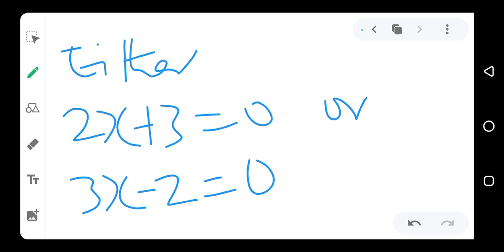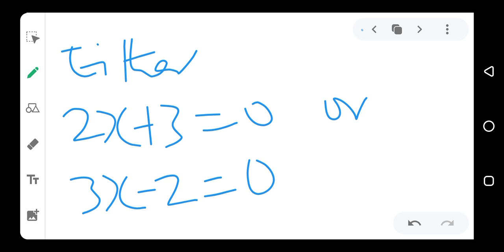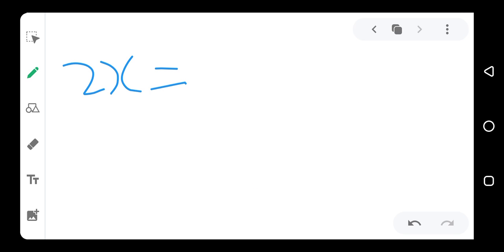In the first one, we have that 2x plus 3 is equal to 0. If we bring the 3 here, it becomes minus. So we have that 2x is equal to minus 3.